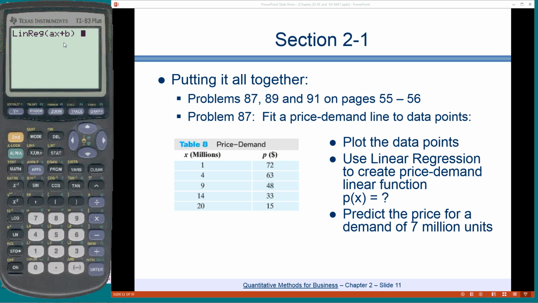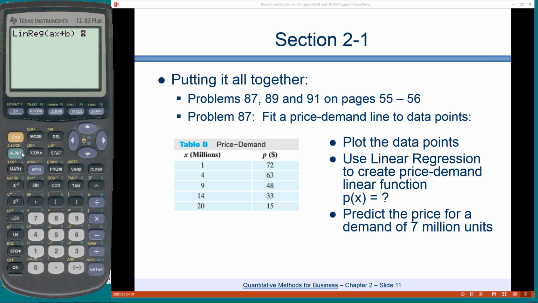But if your X and your Y values were in other lists, you would have to tell it. So I'm just going to, for me, just using a calculator, I always put the lists in, even if it's list 1 and list 2. So to tell it to use list 1 for the X values, I'm going to use this L1 that's the second function above the number 1.